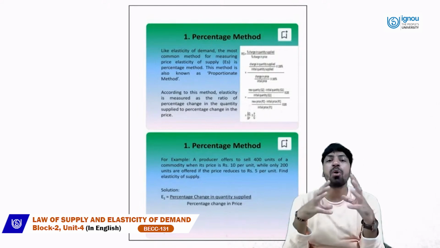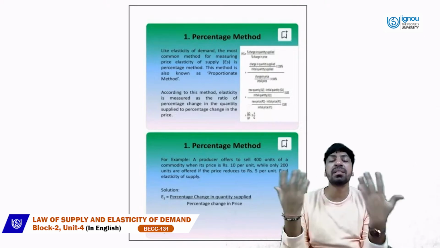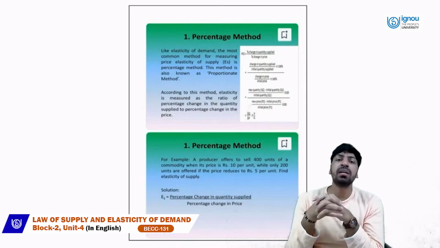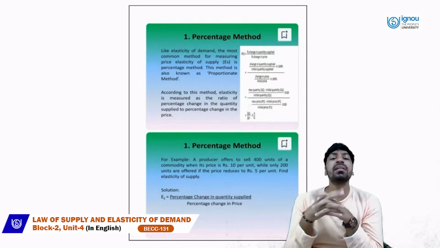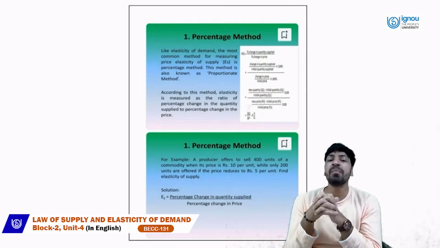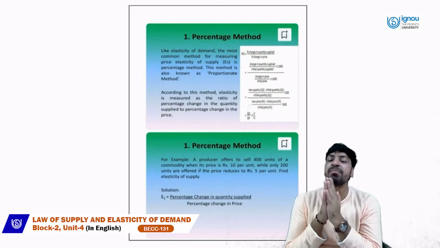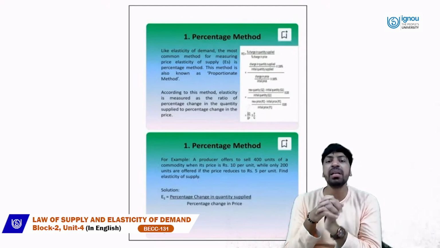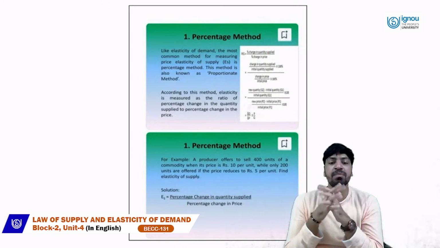It's a very common method, very similar to the concept of elasticity of demand. This method is also called the proportionate method, and elasticity of supply is measured as a ratio of the percentage change in quantity supplied to the percentage change in its price.